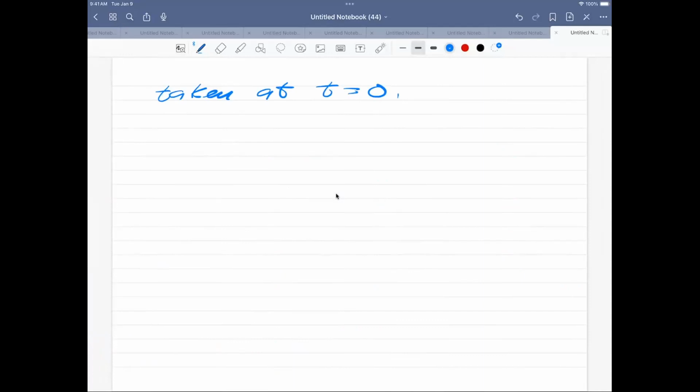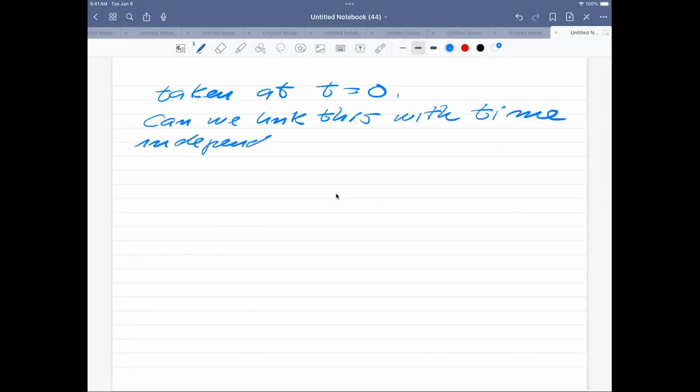So what we can do next is to link this expression with many-body perturbation theory and time-dependent many-body perturbation theory. So the question is, can we link this with time-independent Rayleigh-Schrödinger perturbation theory?